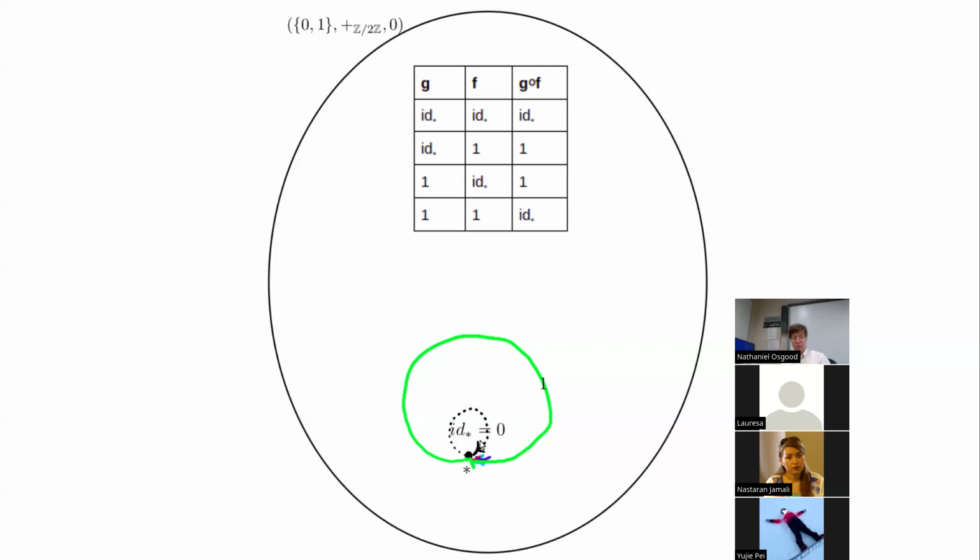So if you were to have mod 3, what would serve as 0 there? Identity again.